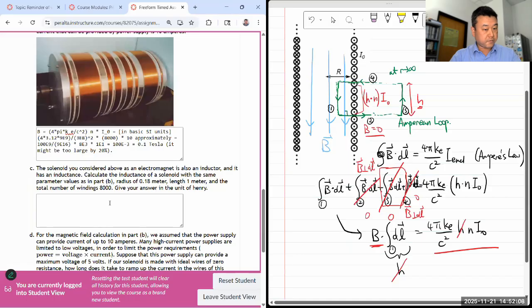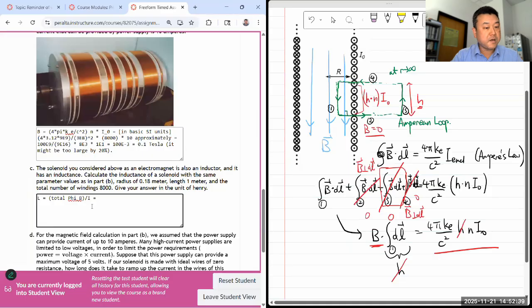The solenoid considered above is also an inductor. That's an inductance. So you start out with the formula for inductance, which has at least 2 or 3 versions you can use. Here I'm going to use the one that will allow me to do the calculation the quickest. That's basically the total magnetic flux, which will include the factor of n for the number of loops, divided by current.